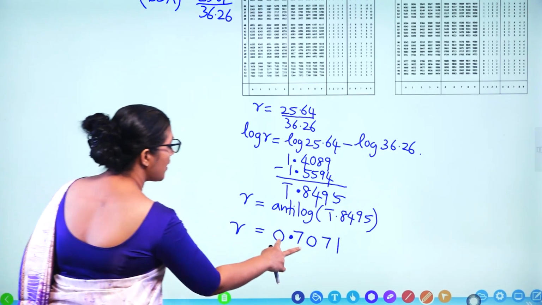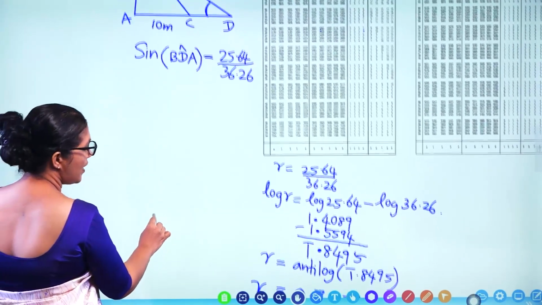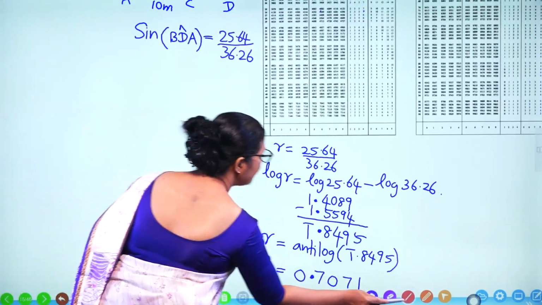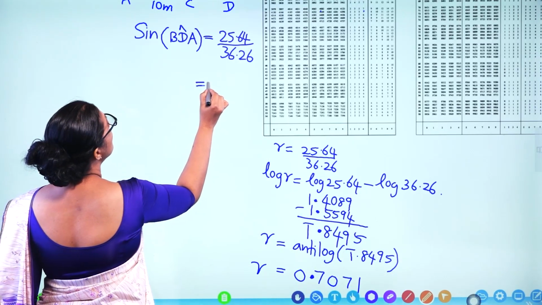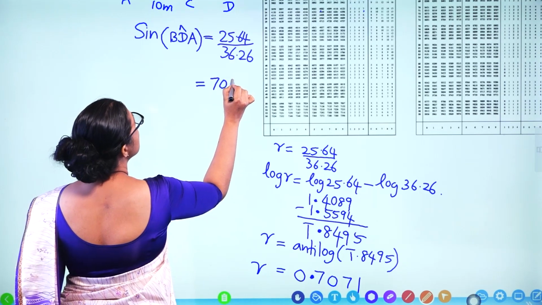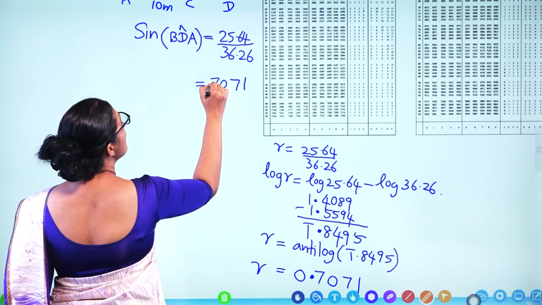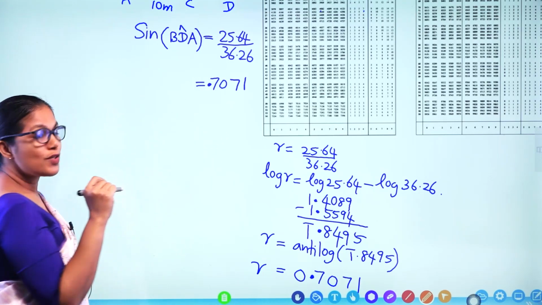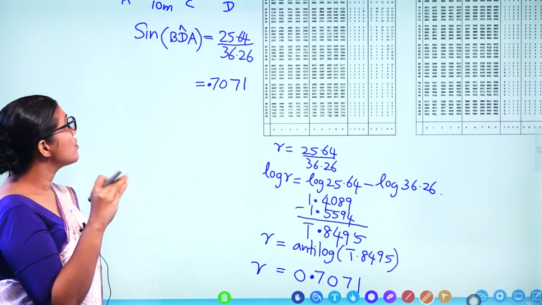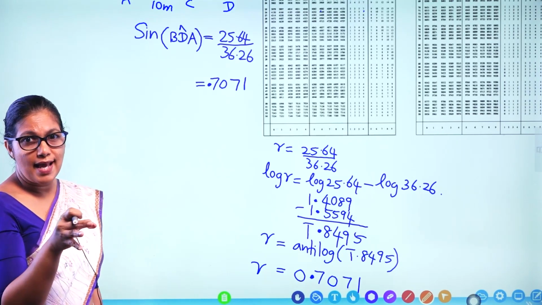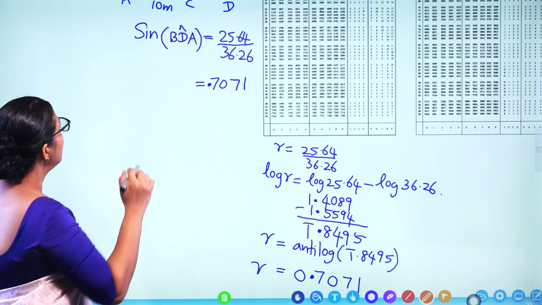So you have to plug that value here. Now we use the log tables to find that 70, 71, this is 0.7071. So now you have to use sine tables and see where you get this value, inverse sine.